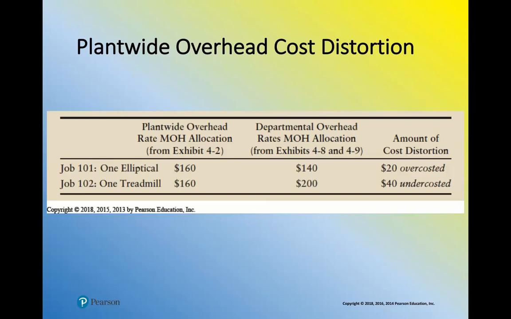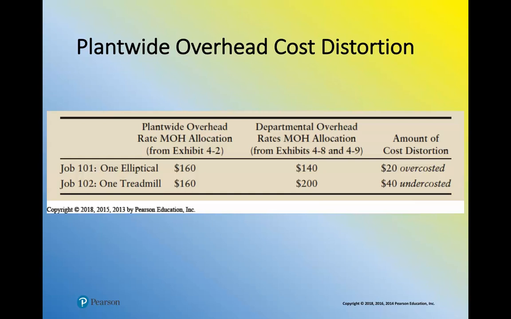So if that's the case, we might be losing out on moving or selling the product because we are charging our customers too much. So we might be able to reduce the price by maybe not the full 20, but maybe if we reduce it by 10, we'll be able to sell more units and be more profitable. At the same time, our treadmill, we're using up a lot more of our resources, $40 more than we thought we were.